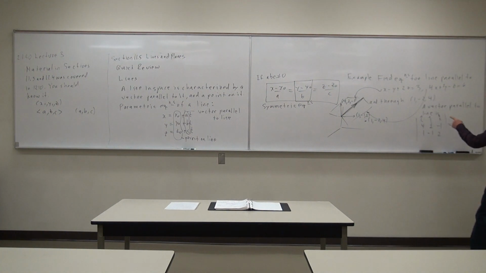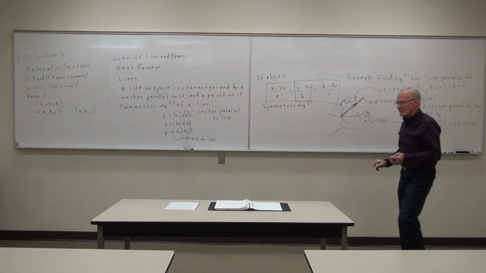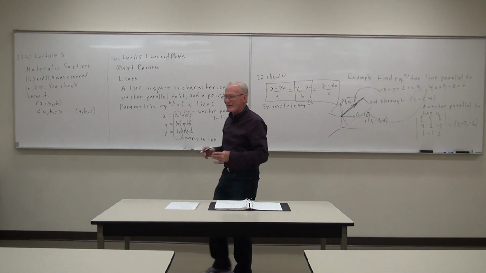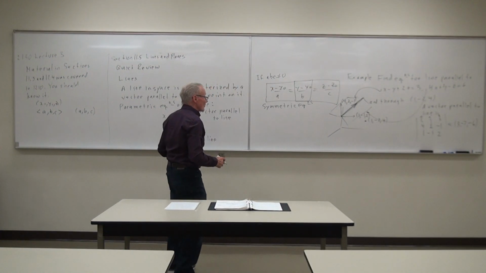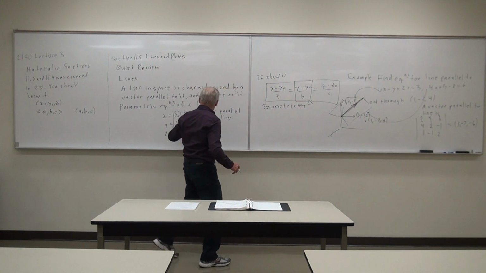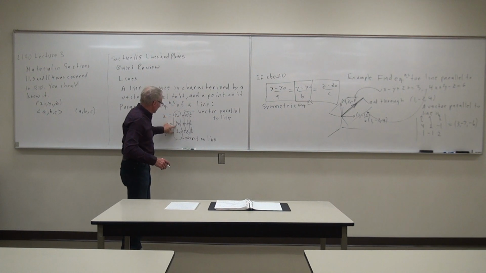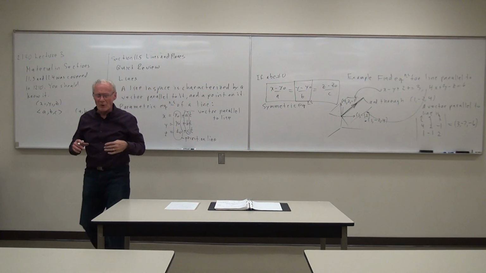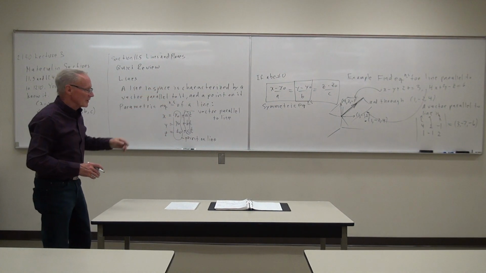X component, 3, y component, negative 7, and z component, negative 6. So there's a vector along this line. We could write the symmetric ones, none of the components are 0, but I like the parametric ones. These parametric equations turn out to be far more useful than those symmetric equations.